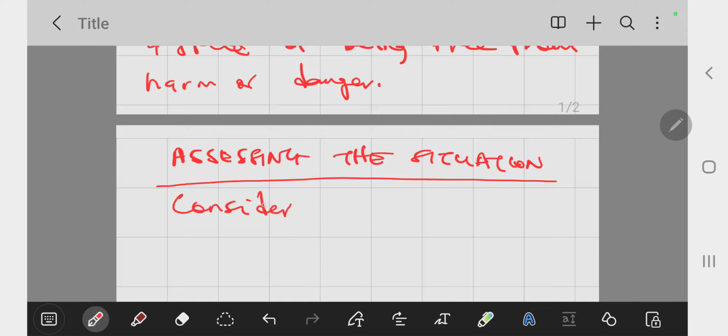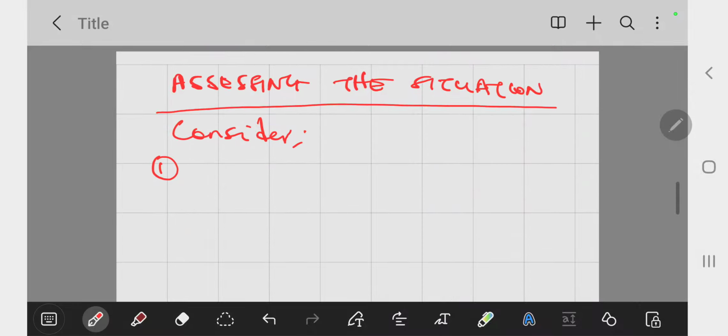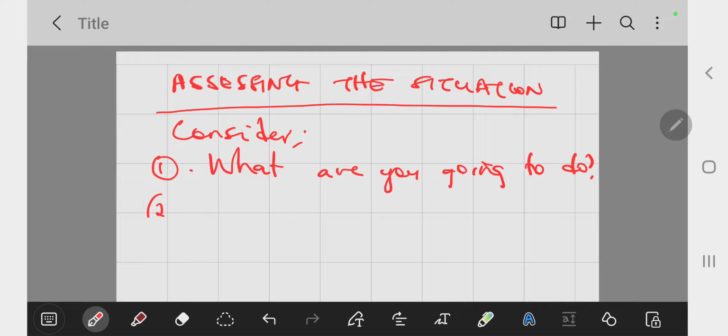That's before you begin to do any task in a workshop. Number 1, you need to know what you are going to do. That's a question you should ask yourself.